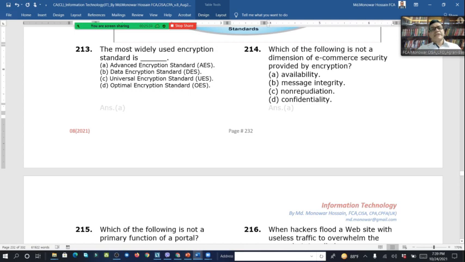The most widely used encryption standard is here: advanced encryption standard AES, data encryption, universal encryption, optimal encryption standard. The answer is advanced encryption standard. Answer A.